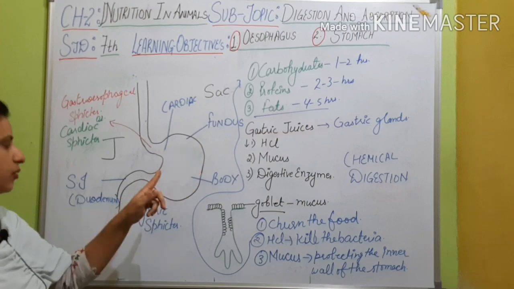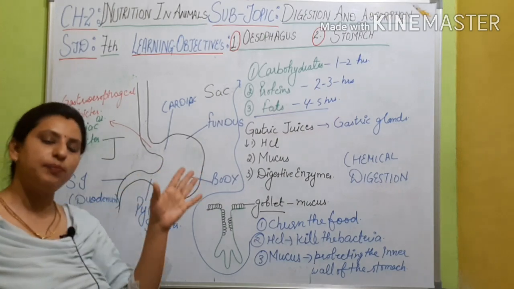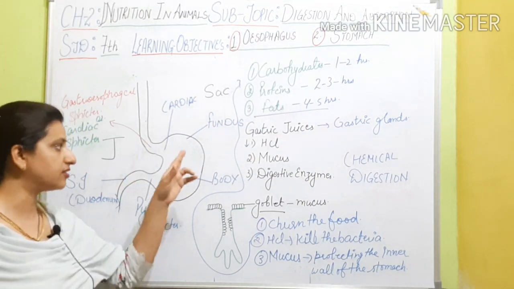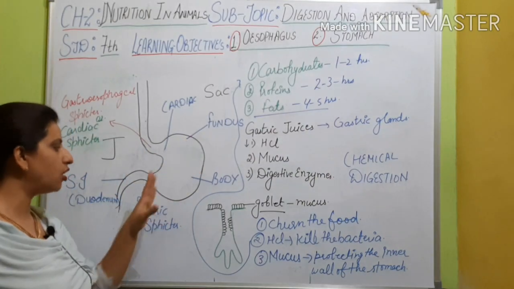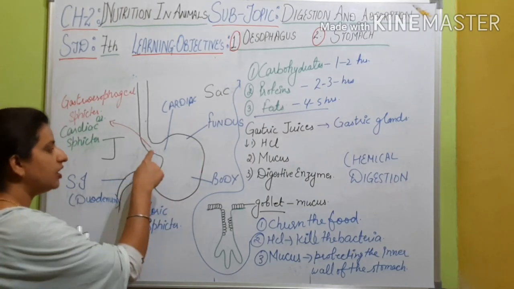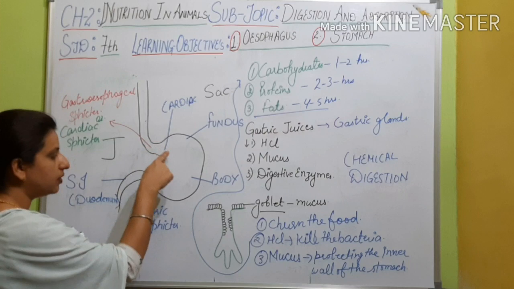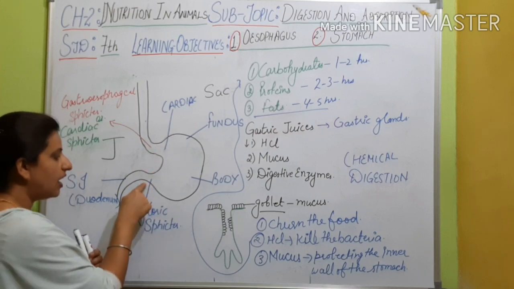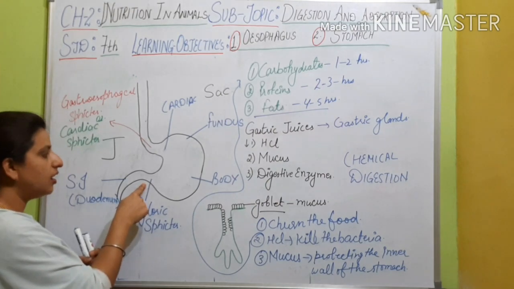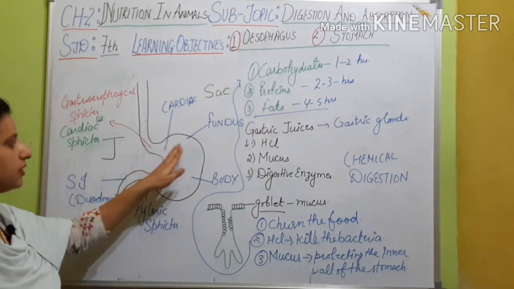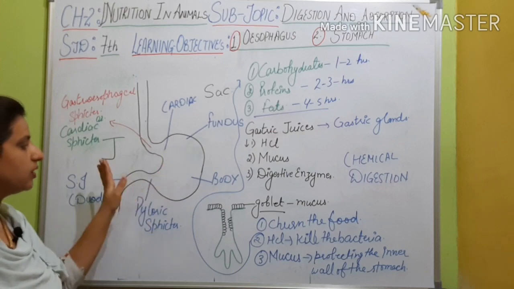I want to add one point here: if any organ has such a fundus, the fundus is almost the last part of that organ. But in the stomach, the pyloric sphincter is the last part, so it is very much away from the fundus.